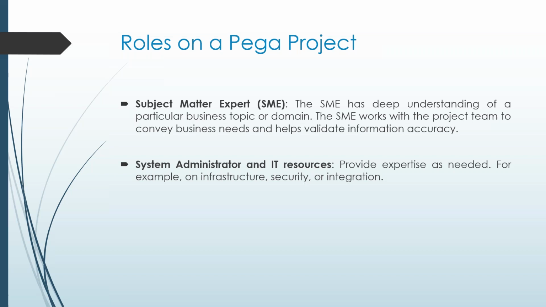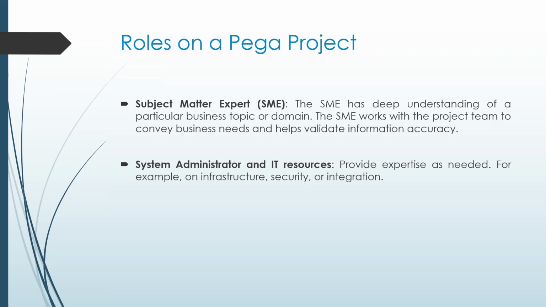It is not that for every Pega project you do, you should have all these roles. Not necessary. It always depends upon your project requirement and the size of your team. In a few scenarios, I could have overlapping roles where the lead system architect, the LSA, could also act as my system administrator who looks after the deployments.